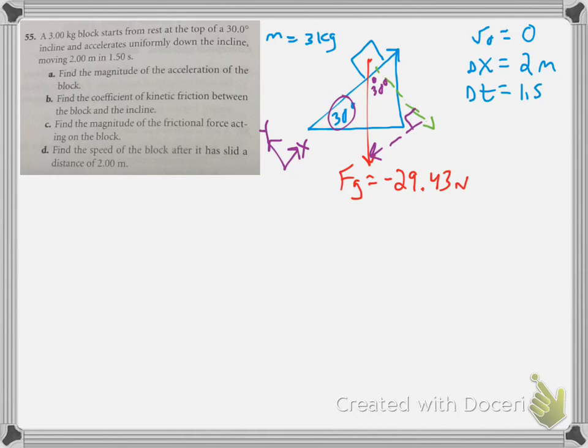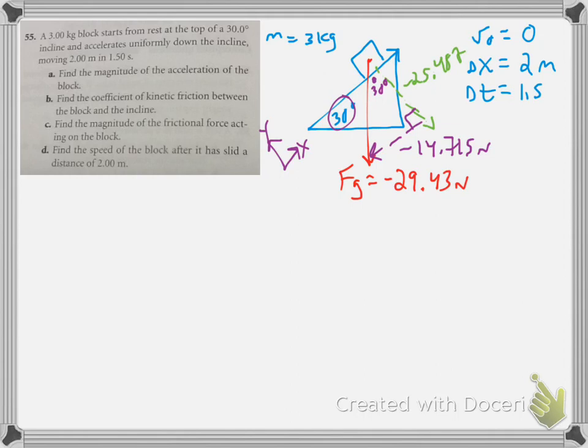And so I can do negative 29.43 sine of 30 and get negative 14.715 newtons. And then negative 29.43 cosine of 30 degrees will give me negative 25.487 newtons.